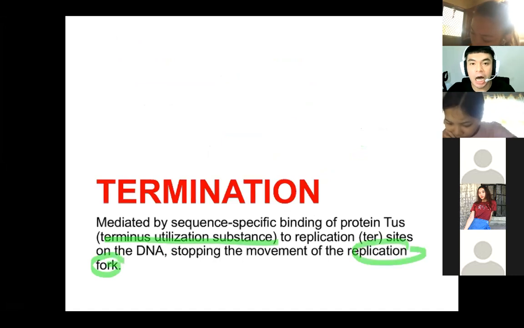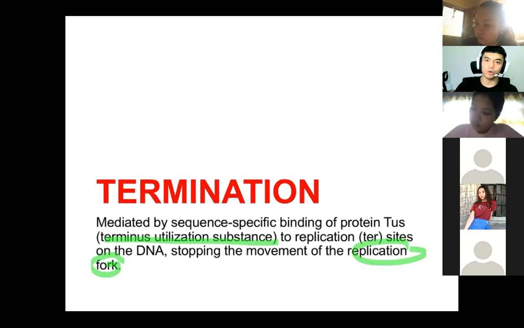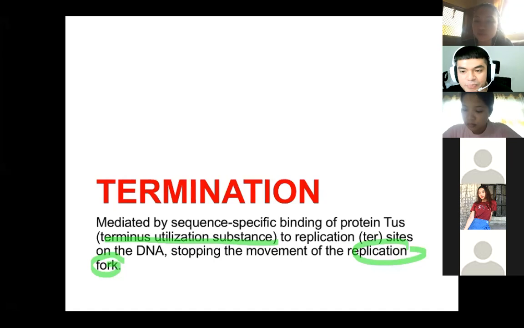So pag nag-stop ang replication fork or pag nag-stop ang action ng helicase, hindi na magko-continue ang polymerization. Kaya wala na tayong DNA replication process. So yan ang termination. So altogether, natapos natin guys ang steps in DNA replication.